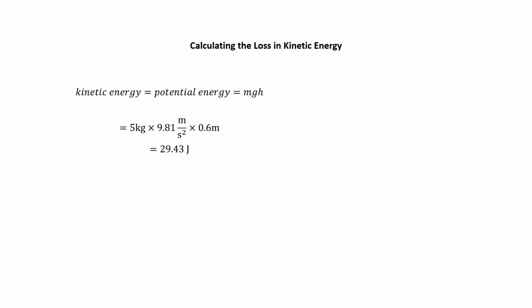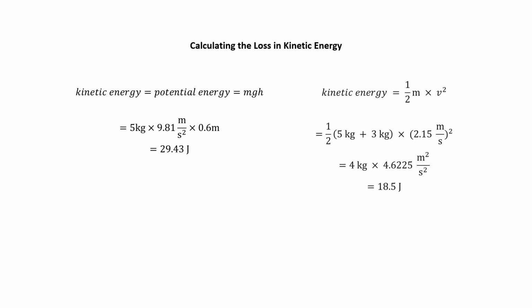Potential energy is calculated by multiplying the body's mass times the gravitational constant times its height from rest in meters. By substituting our known variables, we find that the potential energy of the raised body is 29.43 joules. Thus, its kinetic energy immediately before impact is also 29.43 joules.